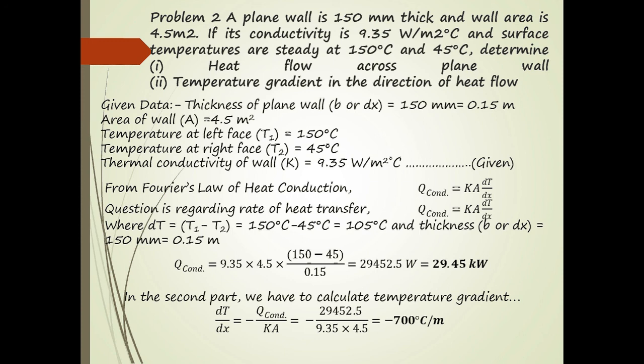So here the answer is negative. Why does it happen? Because temperature decreases in the direction of heat flow, that's why the temperature gradient is negative, right? This is our second answer. These problems may be asked for 6 marks, right?